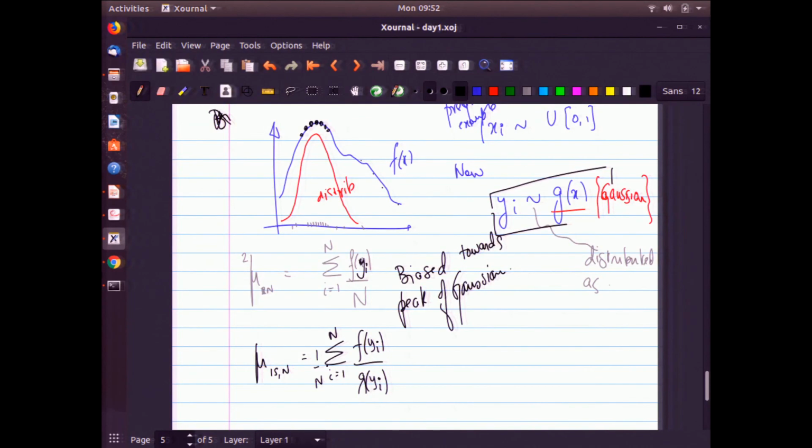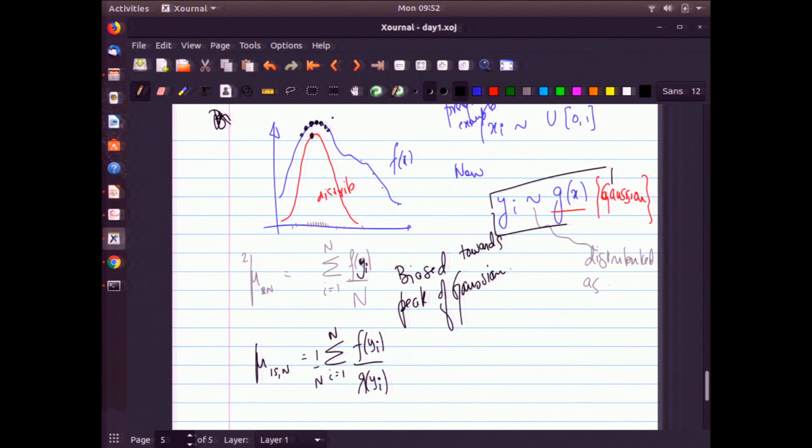So we still normalize by the number of points. Now what I'm doing here is I'm not only going to take the function of the value y, I'm also going to divide by whatever the distribution is at that point. So if I choose this point here, then I'm going to take g of y here and divide by it. What that does is it makes the weight of the function uniform across.